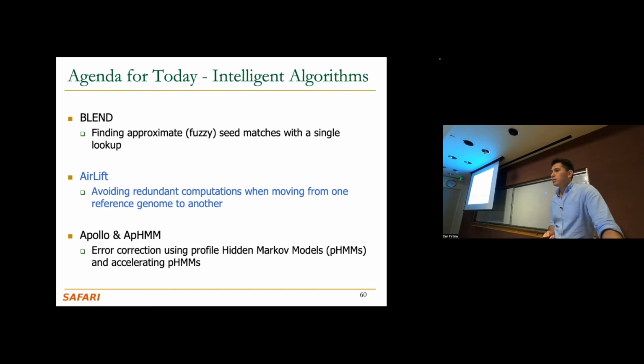It's empirical how we pick the parameters. Seed length varies from 17 to 27, and the number of k-mers that we use within that seed varies from 5 to 11.